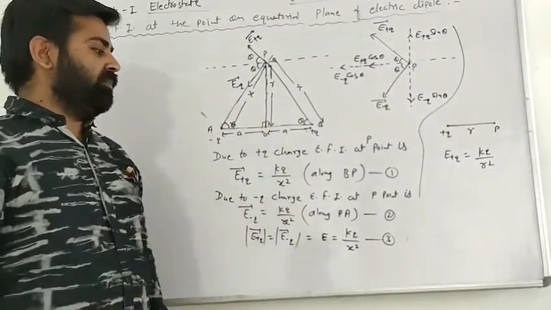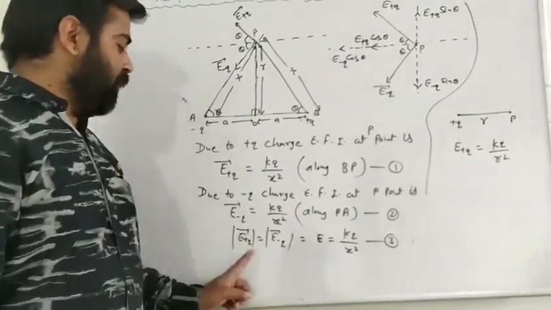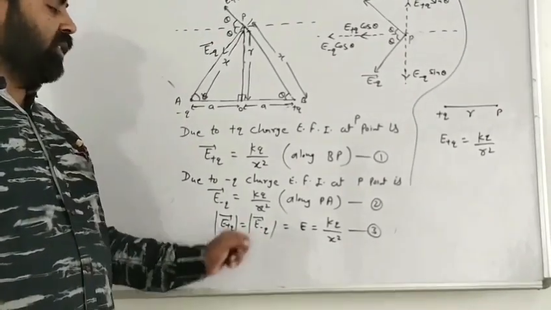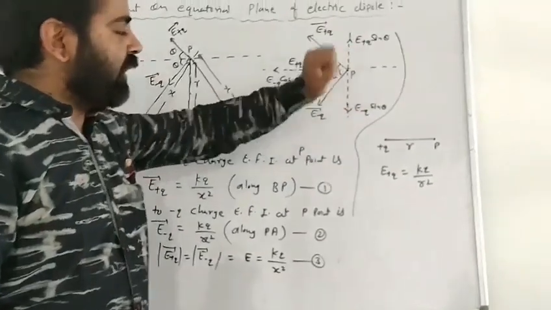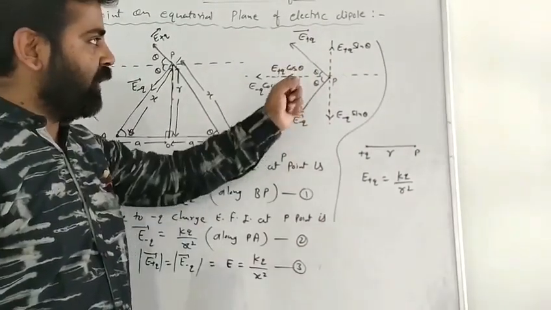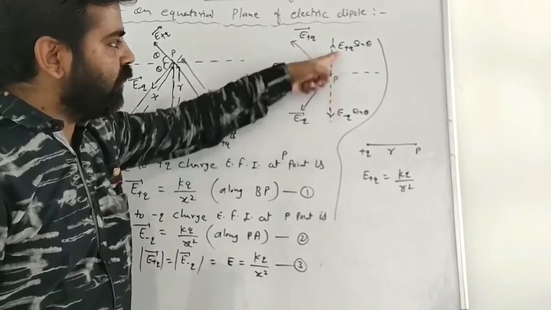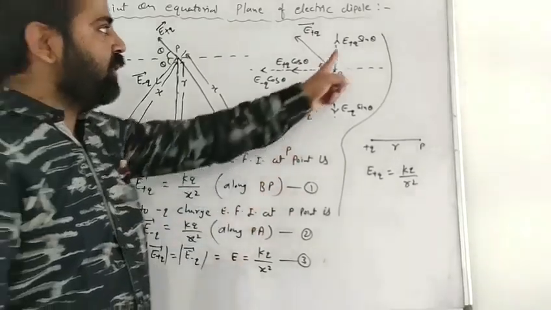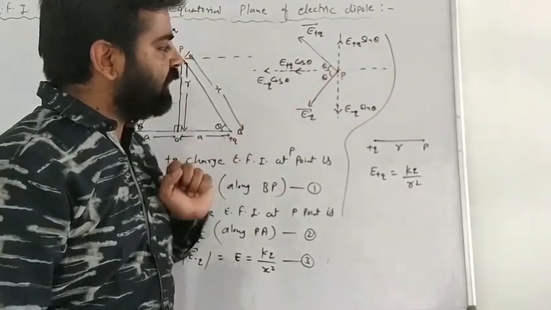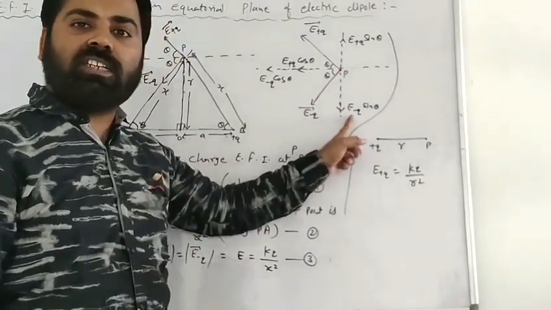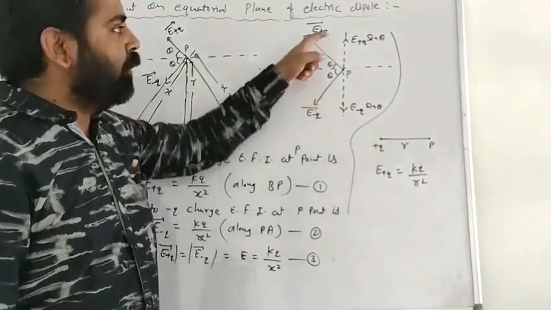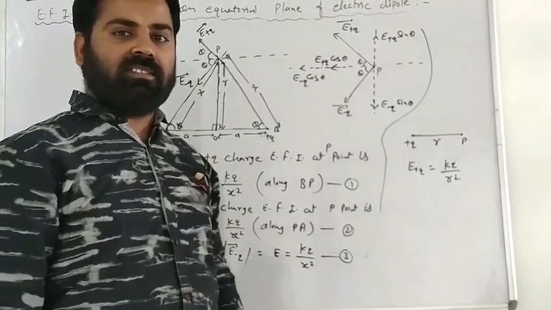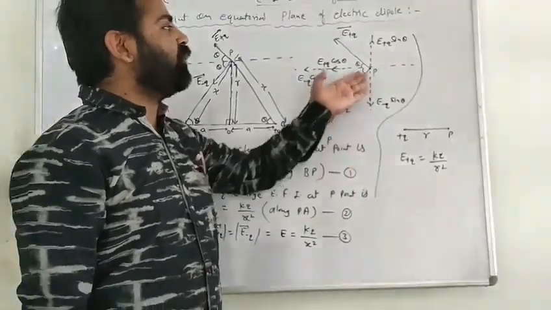Now from the diagram, as the magnitudes of E plus q and E minus q are the same, their vertical components are both E sin theta. Both magnitudes are the same, but their directions are opposite, so they cancel each other.